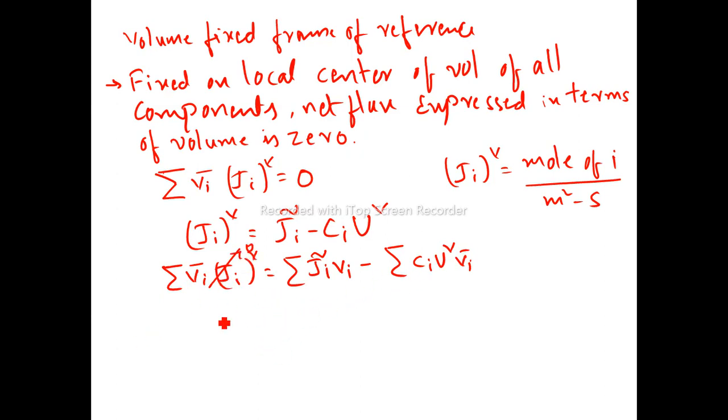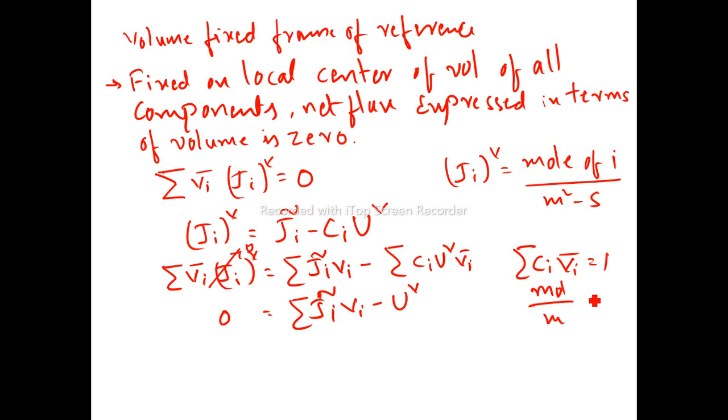Then we can write 0 is equal to summation of Ji tilde Vi minus UV, and this summation of Ci into Vi is equal to 1. How is it possible? From the units, Ci is mole per meter cube and the molar volume is meter cube per mole.